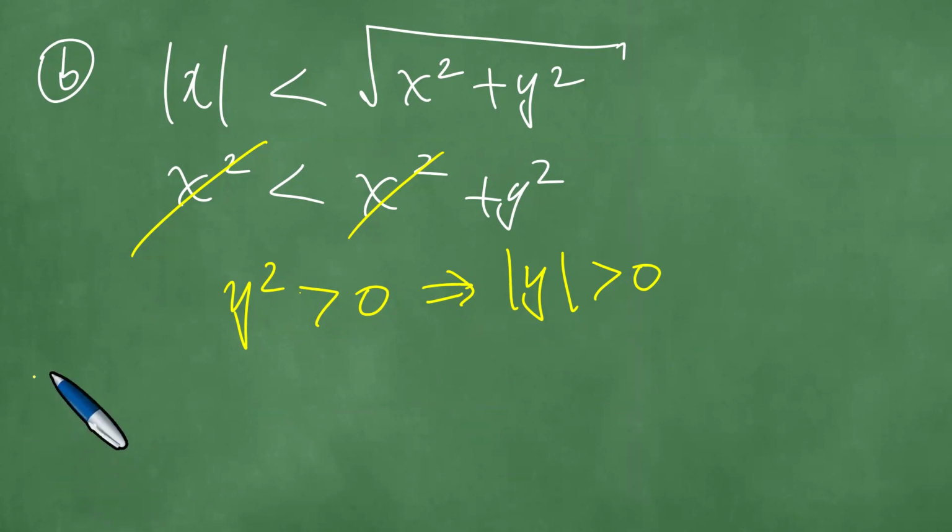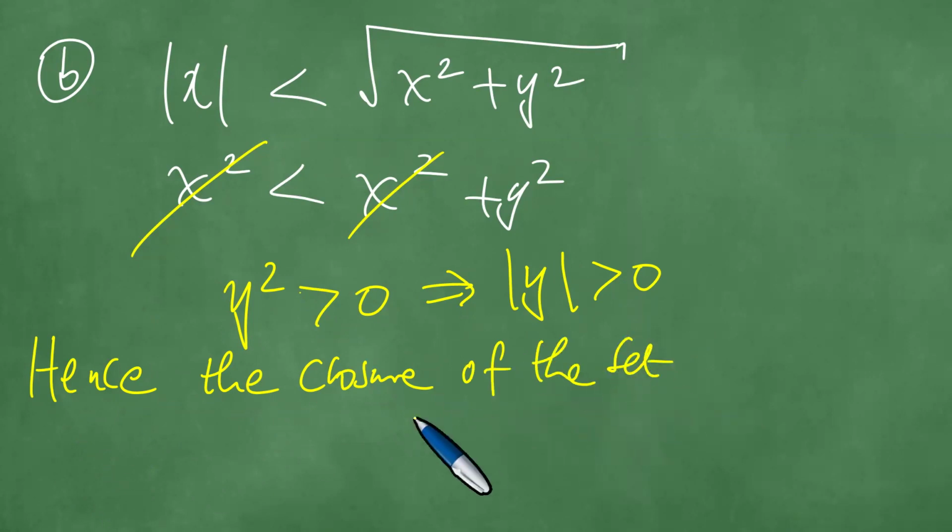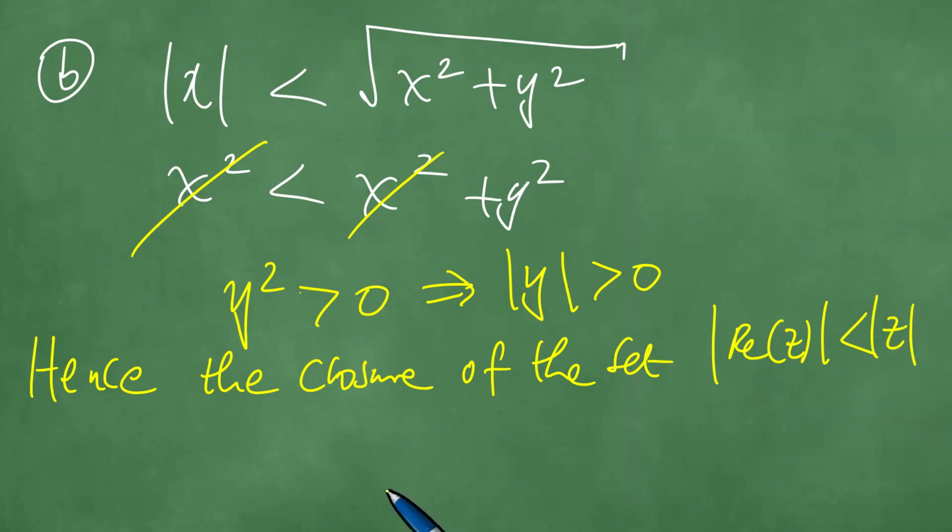Hence, the closure of the set, where the modulus of the real part of z is less than the modulus of z, is the entire plane.